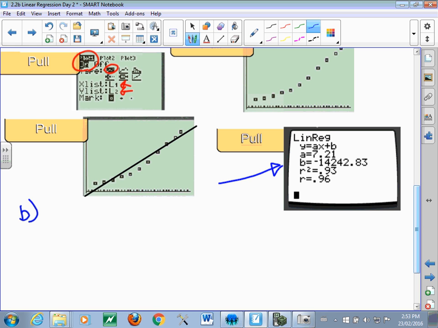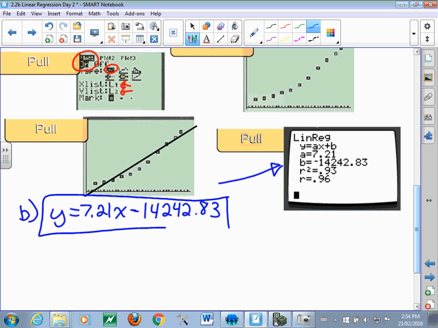Instead of y equals ax, we're going to go y equals 7.21x. And instead of plus b, we're going to go minus 142,042.83. So that is the equation of the linear model, the line of best fit equation. That is this solid straight line right there.